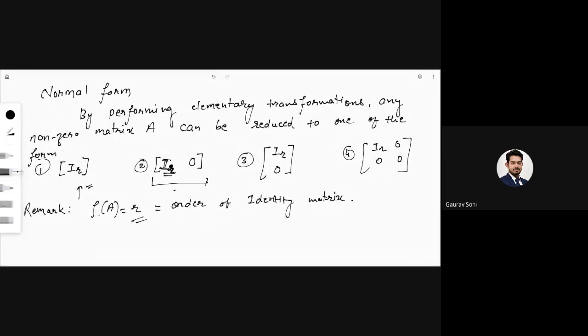And second and very important, both row and column transformations can be used.